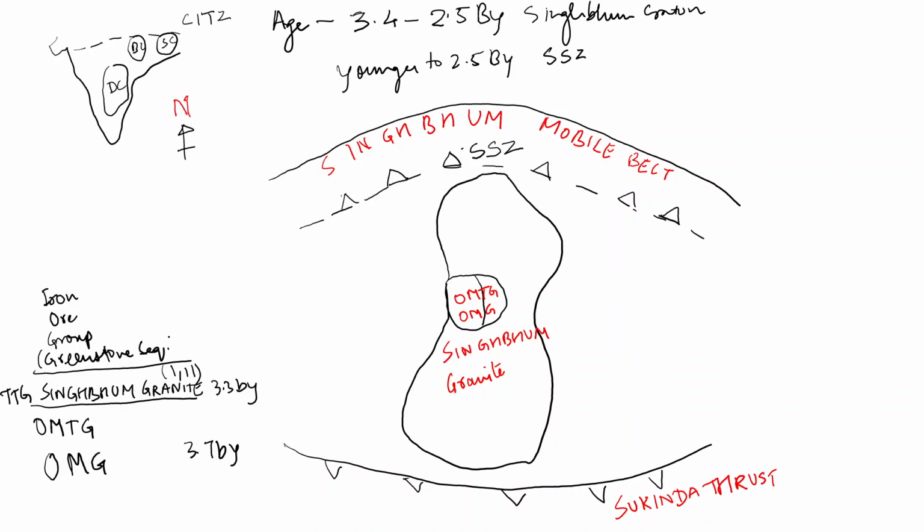The iron ore group has three very important deposits which are exposed over there, and you must be knowing the names. Daitari Nosahi, then Noamundi Koira, and then Gorumahisani Badampahar.